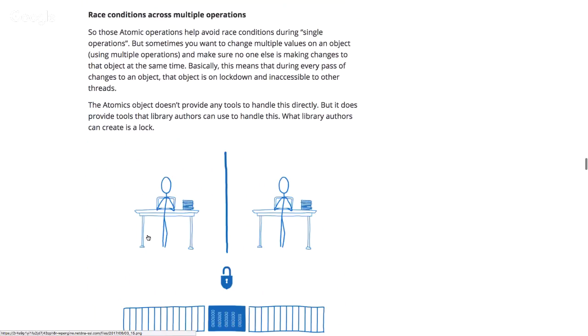So race conditions across multiple operations. Those atomic operations help avoid race conditions during single operations. But sometimes you want to change multiple values on an object using multiple operations and make sure no one else is making changes to the object at the same time.